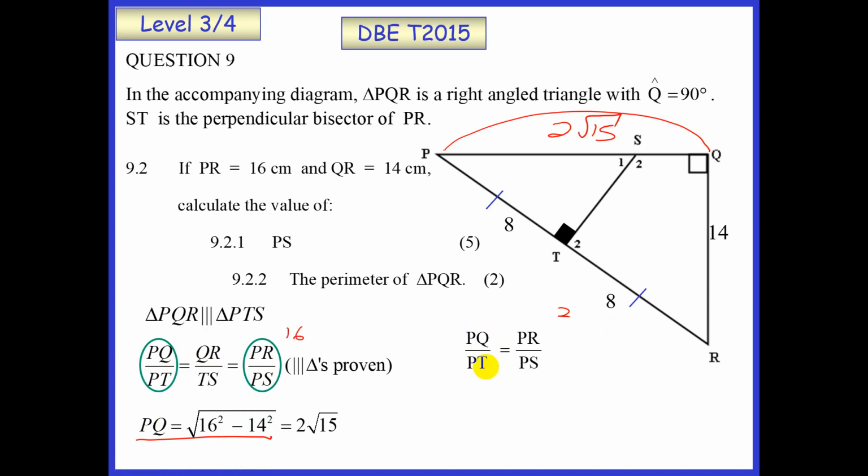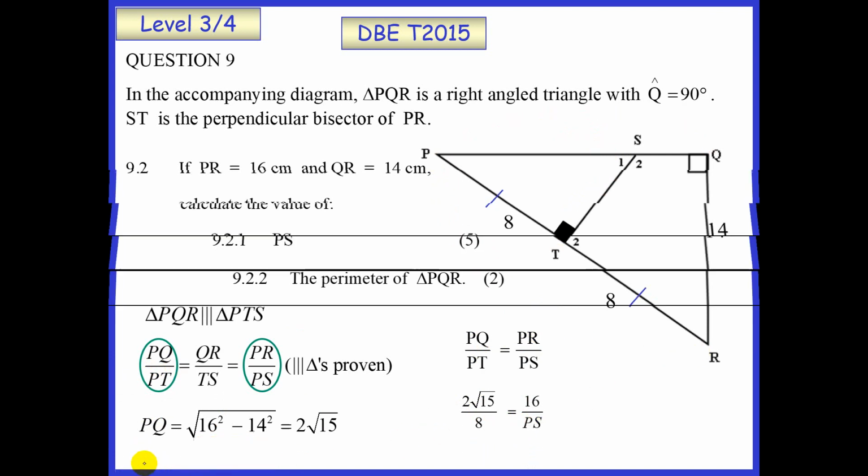So we're going to replace the values. PQ we found to be 2 root 15. PT on the diagram is 8. And then we have PR, which was 16. And then we're trying to find PS.